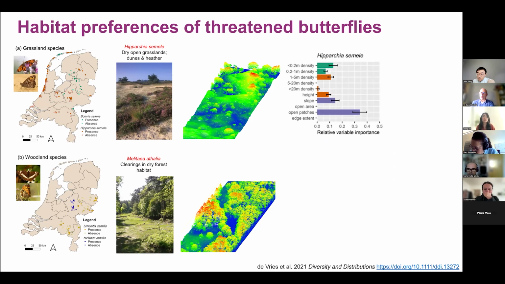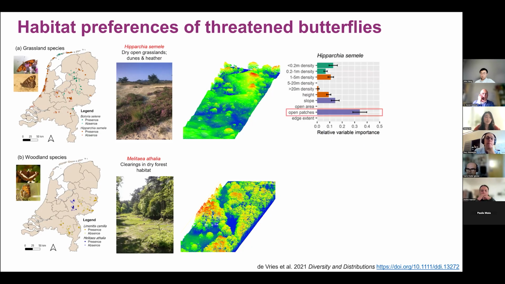So what we did was calculate a range of LiDAR metrics representing the density of vegetation at different layers, like lower than 1 meter, 1 to 5 meters, 5 to 20, or even above 20 meter density. We also calculated several landscape metrics, such as open areas and open patches at edge extent.